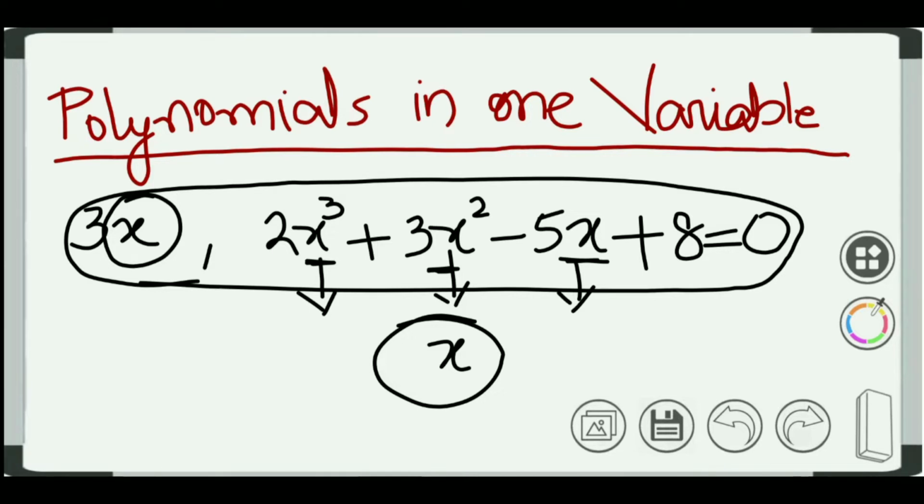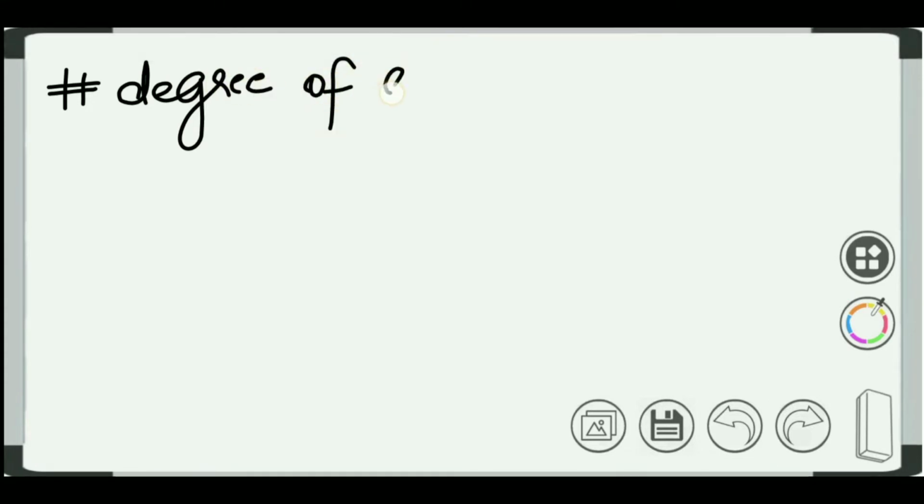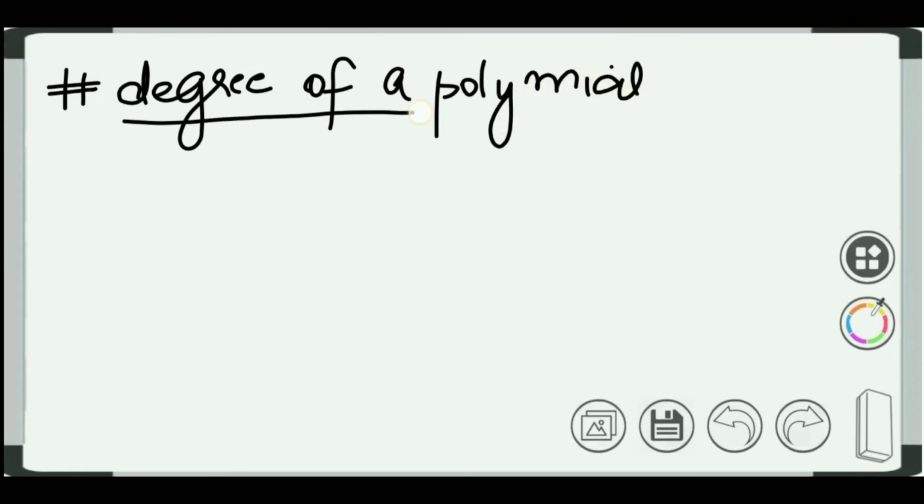Now we will see some of the important points. What is the degree of a polynomial? It is the highest power of the variable in a polynomial.